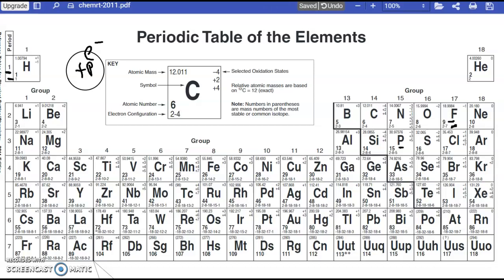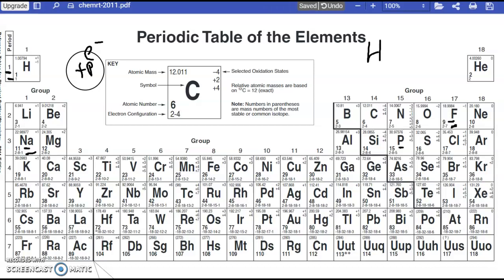Even if we look at, let's say sodium, sodium over here has 11 protons, and it has 2-8-1 electrons, which add up to be 11 electrons as well. So all elements, if you're on the periodic table and you're not bonded to anything else, you are neutral. What happens is when you take that element and bond it to somebody else, things change.